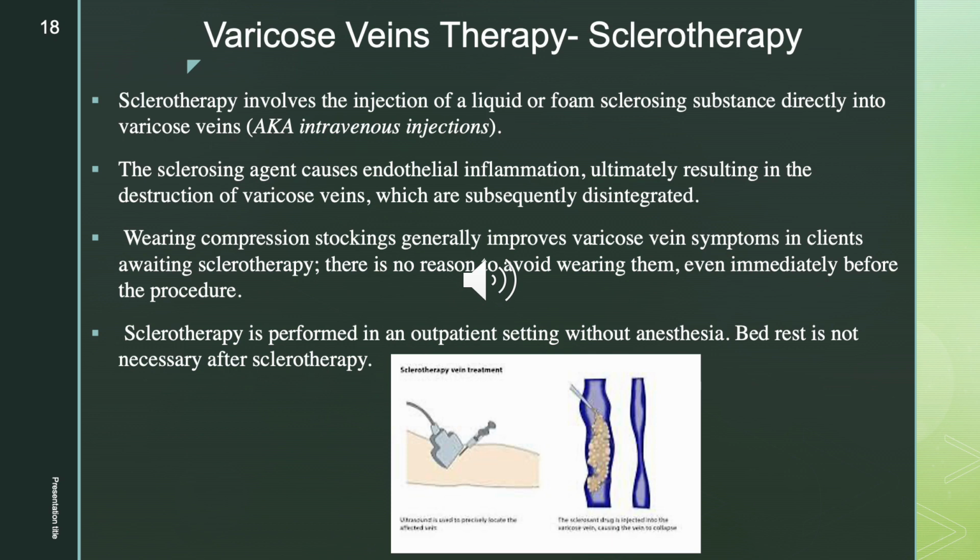So they put this stuff in there and then it causes endothelial inflammation to basically destruct the vein, which disintegrates the vein. I mean, it happens, boom, that fast. It is wicked. YouTube it if you want to. YouTube varicose vein procedure, and it literally looks like it just zaps it away. Like, it explodes and zaps. And that sounds super scary, but it's not.